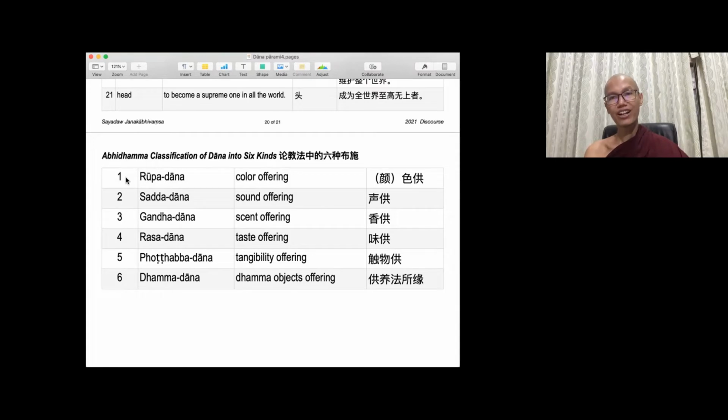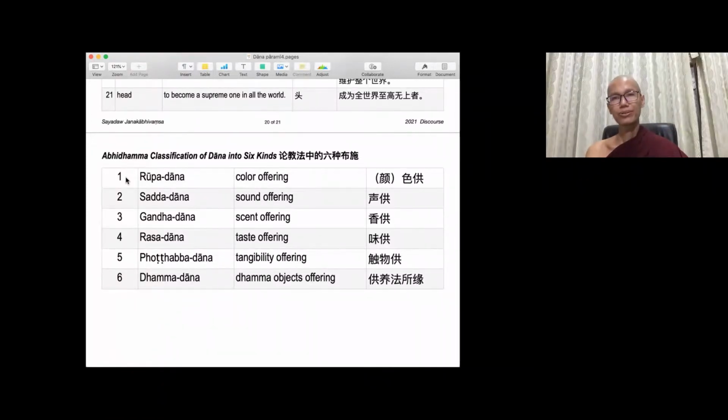So Kala offering, Rupa Dana. Rupa is a color form, not just a color, which we can take as an object with the eye. Something which can impinge our eye is color form. We can use it with our eye.